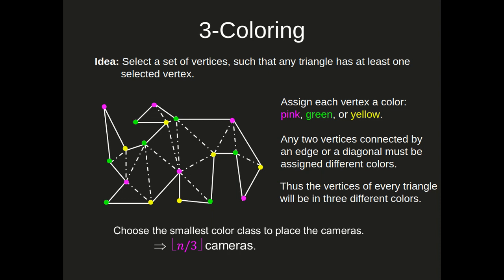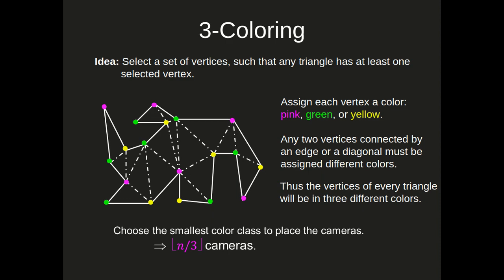If we have an equal number of pink, green and yellow colors, then we can select any one of these three colors. But if we have different numbers of colors, then we have to take the solution which has the minimum number. So we will have at least one solution and at most three solutions.